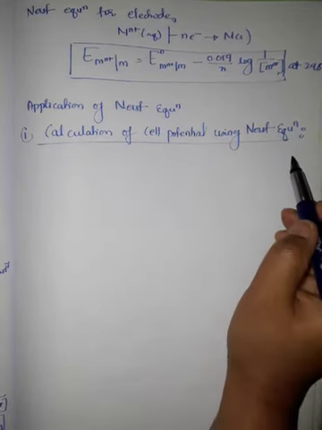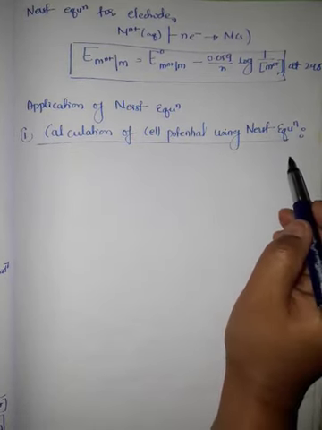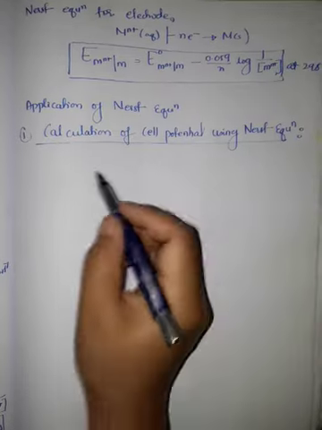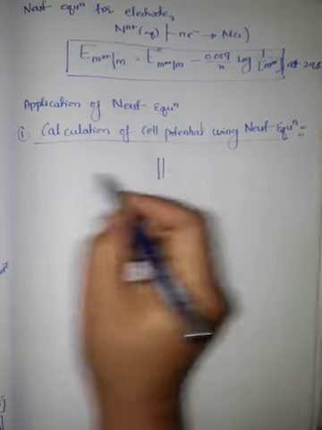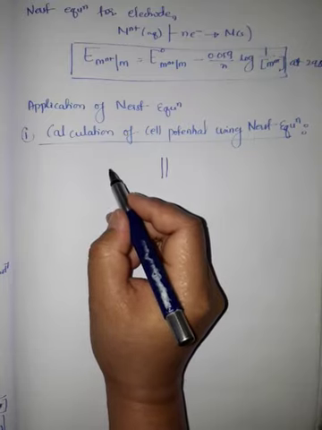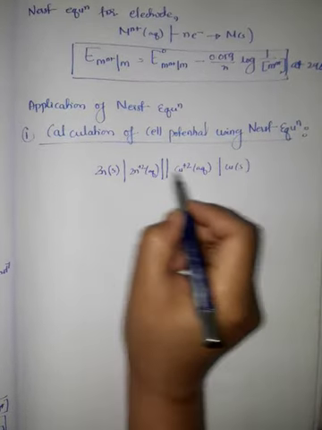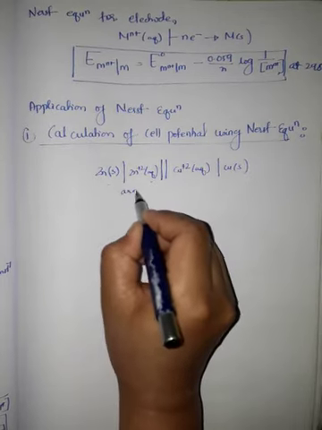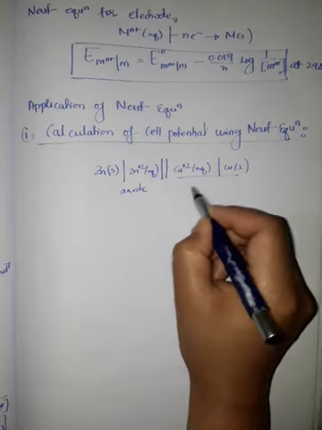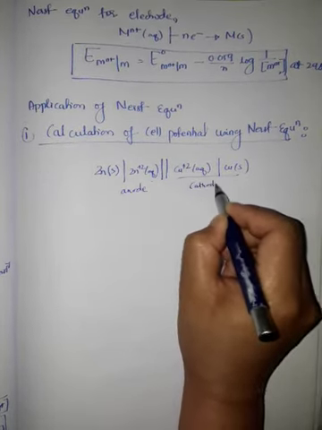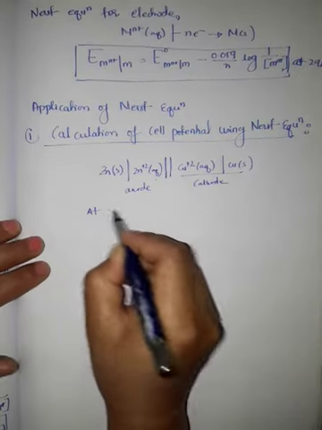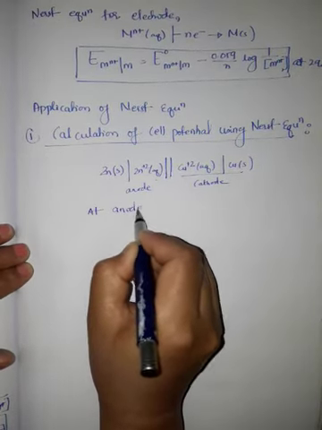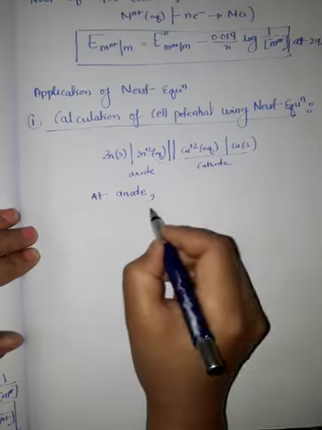Let us calculate the cell potential at any concentration for the Daniell cell. The Daniell cell consists of 2 electrodes, a zinc electrode and a copper electrode. The zinc electrode is the anode and the copper electrode is the cathode. At the anode, what reaction takes place? Oxidation.